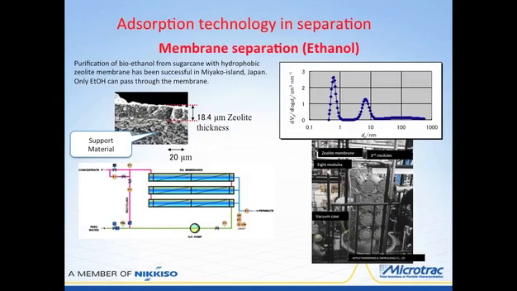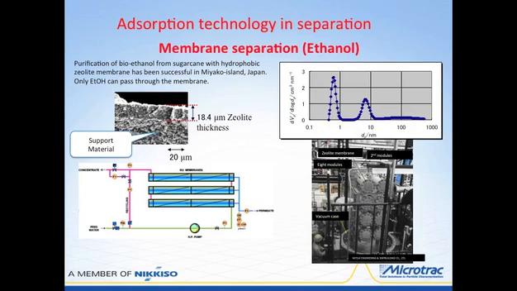Now, this application shows a membrane separation for ethanol. And what we have here is a photograph. This is a support material. This support material could be alumina, it could be any number of different oxides.